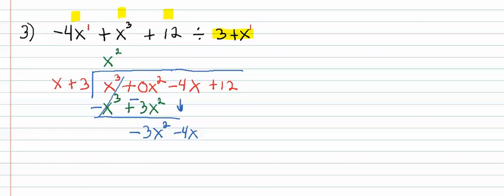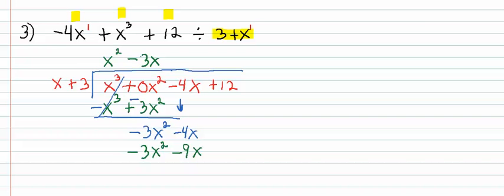Okay, then I'm going to go x times what is going to give me negative 3x squared, and it's going to be a negative 3x. Because negative 3x times x is going to give me negative 3x squared. Negative 3x times 3 is going to give me a negative 9x.